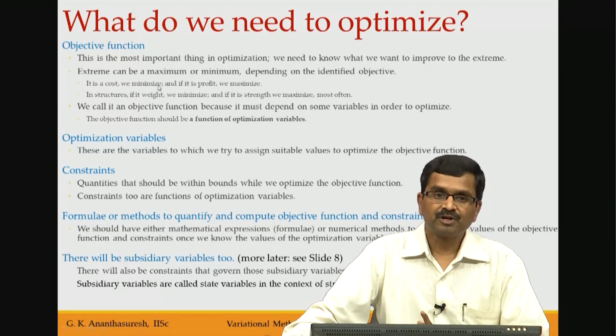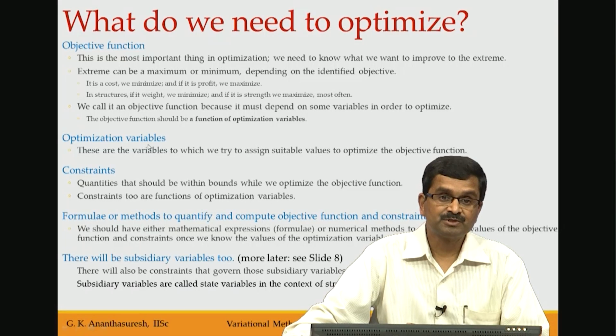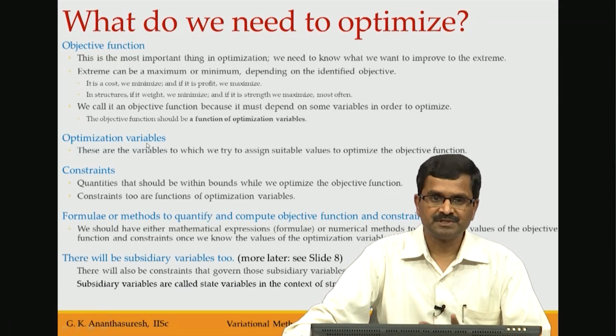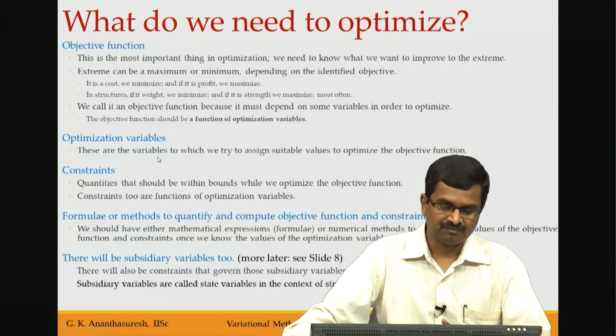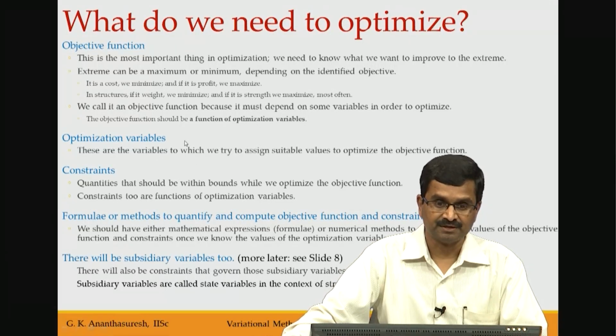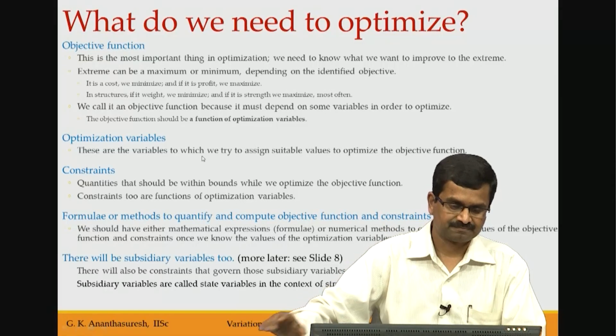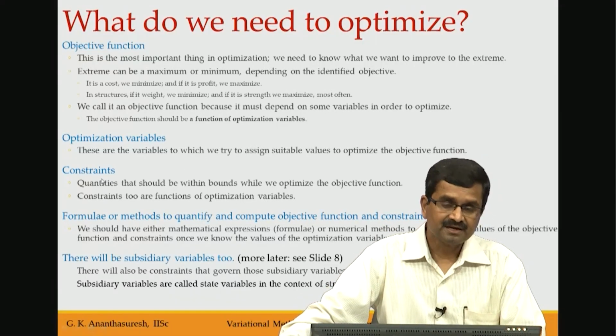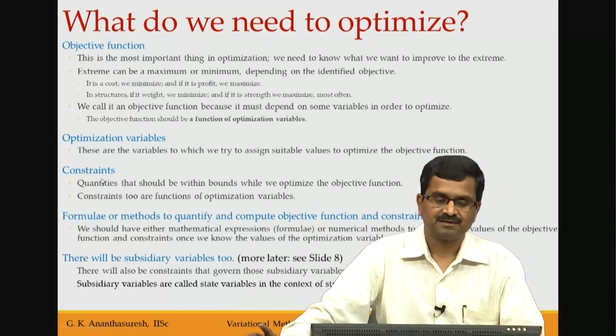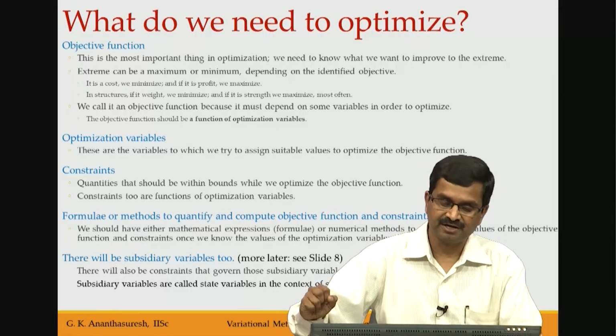When you want to improve that objective function, you need some variables to play with, and those are the optimization variables, or, if you are doing a design problem, there will be design variables. Those are the ones that you are going to adjust in order to achieve the best. As I said, there will always be constraints that actually constrain you.